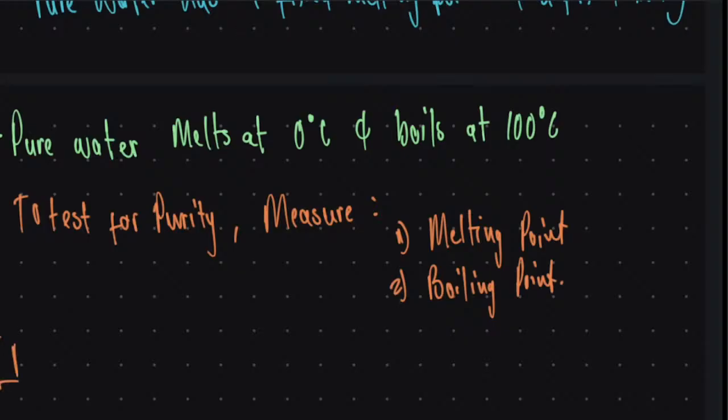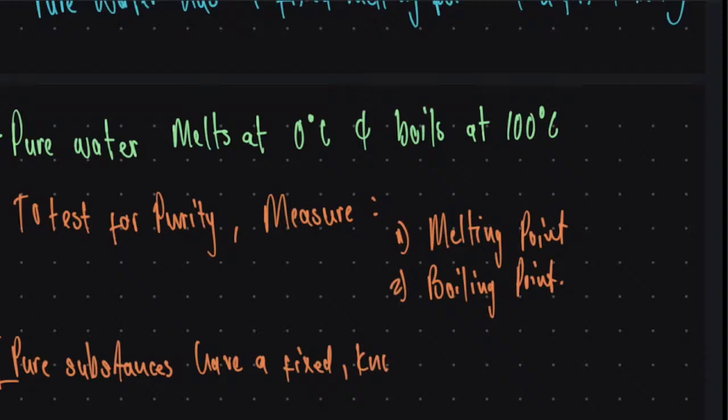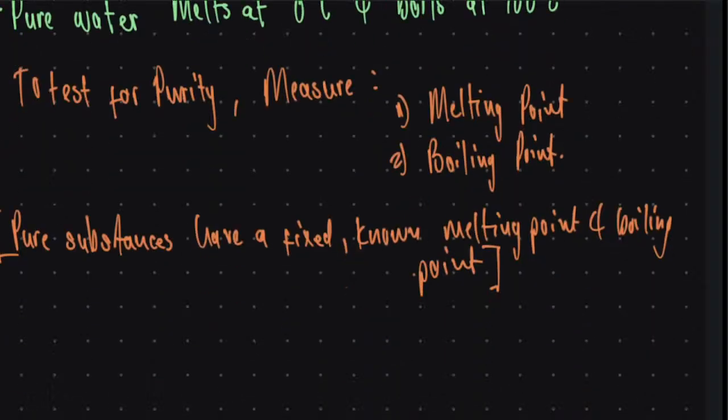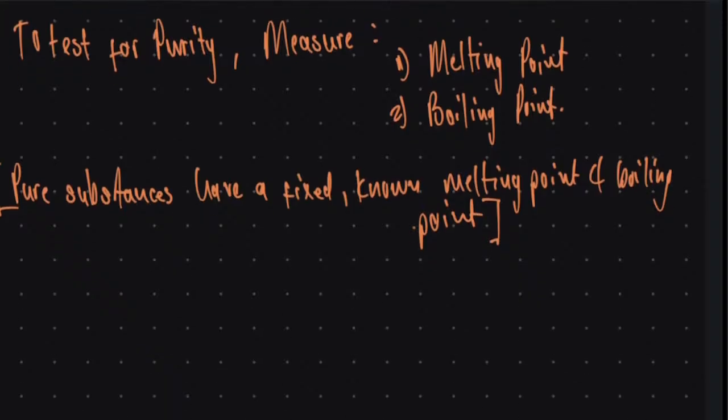Why? You can write it, say, pure substances have a fixed, known melting point and boiling point. Pure substances have a fixed and known melting point and boiling point.